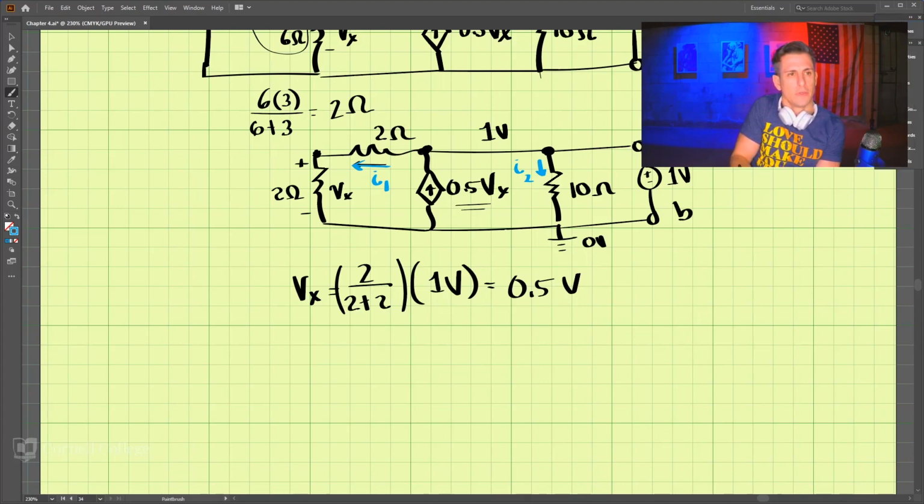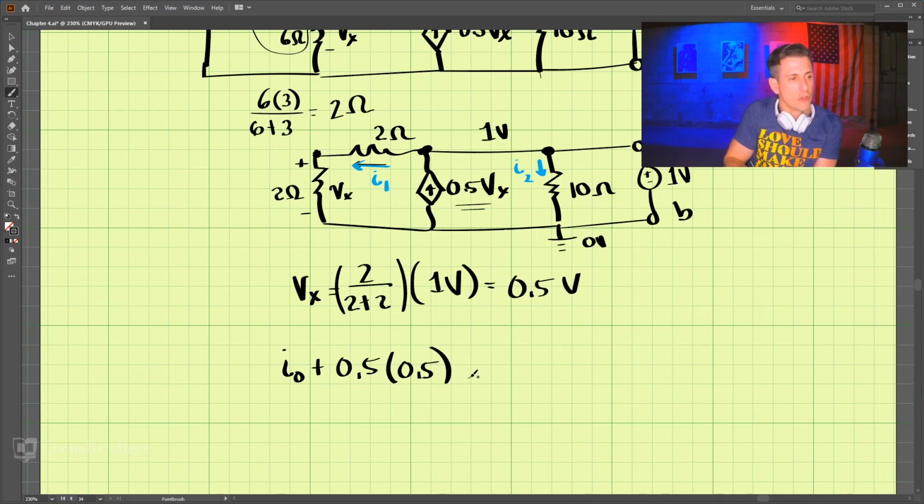Up here, coming in, we have I naught coming in. Going out, we also have 0.5 times Vx, which we just found out is 0.5.